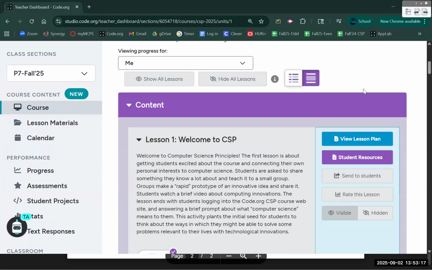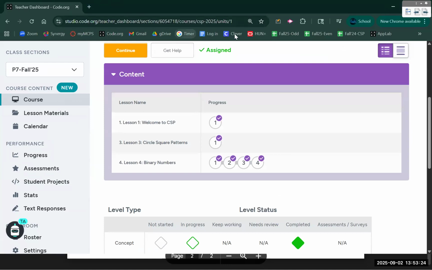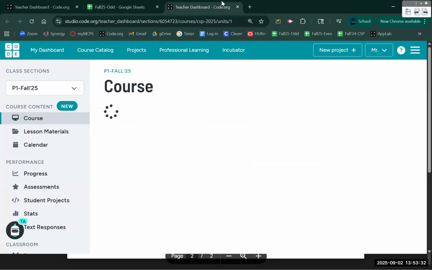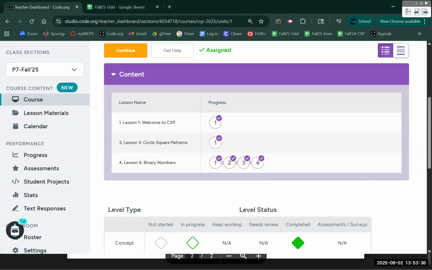But in the Code.org lesson, the easiest way to get to this is, of course, the calendar spreadsheet. Just click on the link and go directly to the unit. And for this one, we just need the short answer, or they're not all short answers. Some of them are multiple choice.